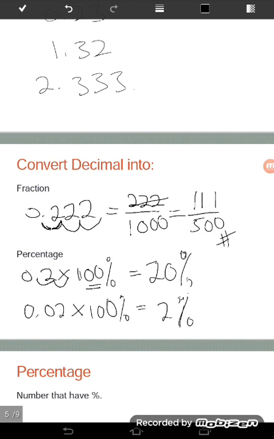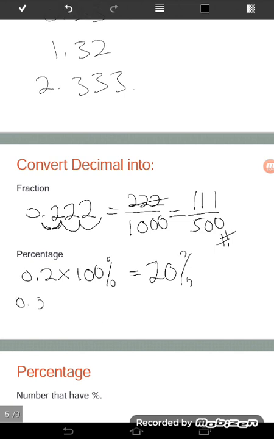So 0.2 gives 20, and 0.02 gives 2%. Another example, 0.0112 times 100%. Moving the point 2 places to the right, the answer is 1.12%.